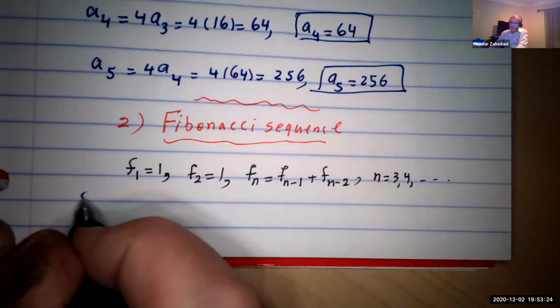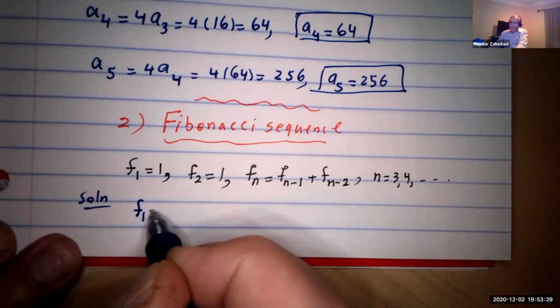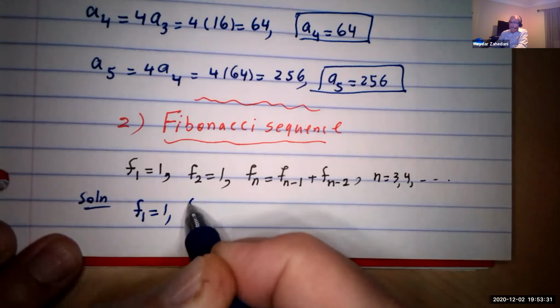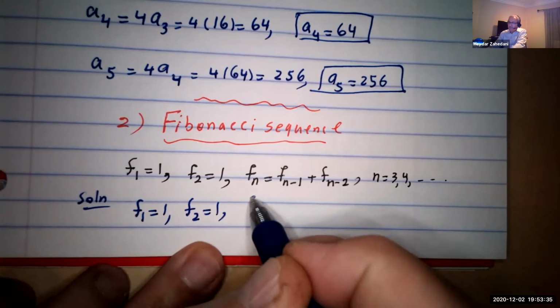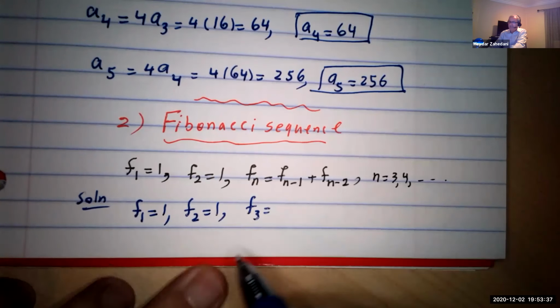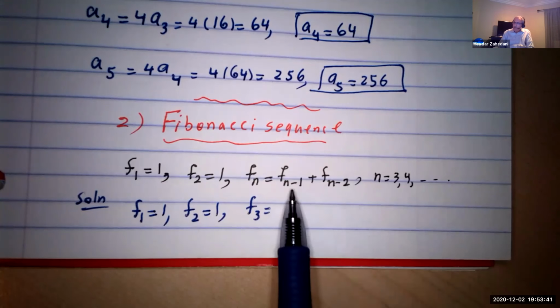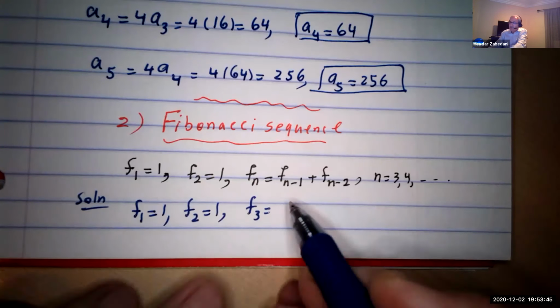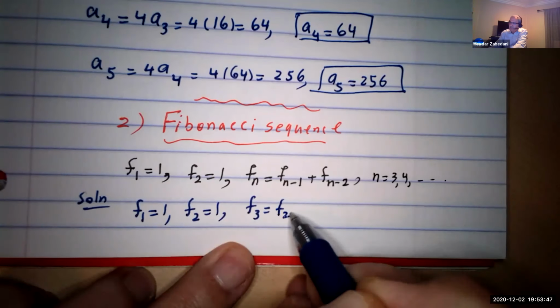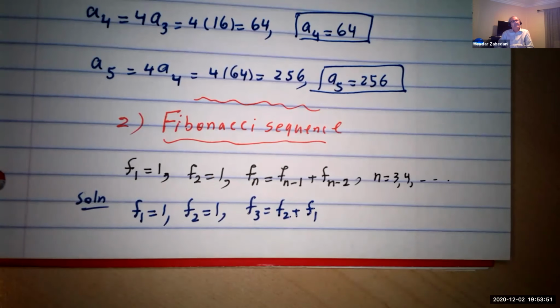So the solution, if you like. We already have the first term equal to 1, and the second term equal to 1. So we want to find F3. For F3, you go down once, that gives F2, and down once again is F1.